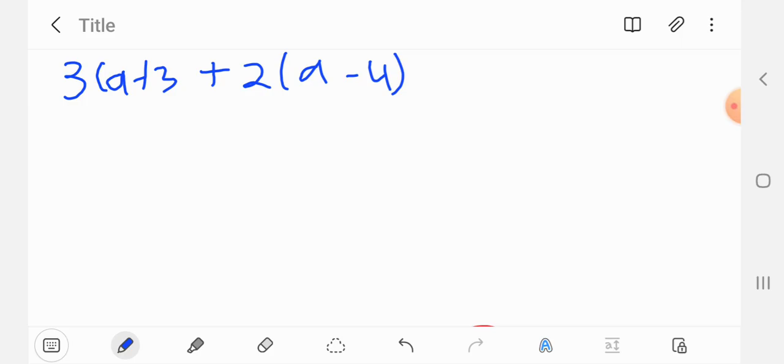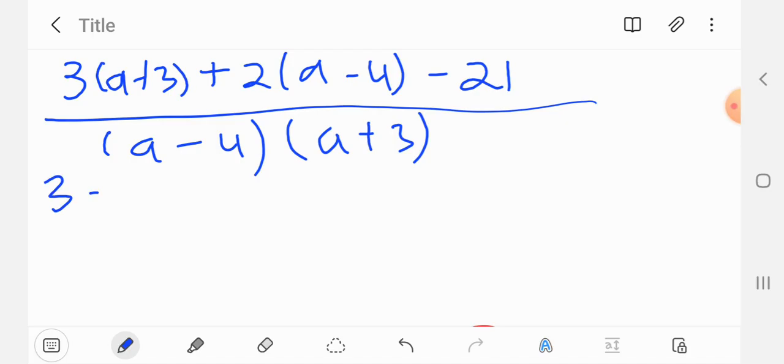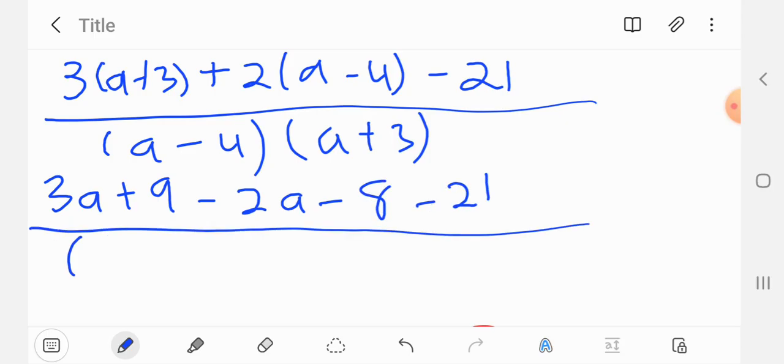It doesn't need that. So we'll have a minus 4 and then a plus 3, the LCD. Okay, so we'll multiply the brackets. We'll have 3a plus 9 minus 2a minus 8 minus 21 all over a minus 4, a plus 3.